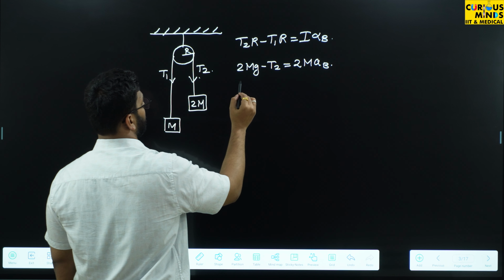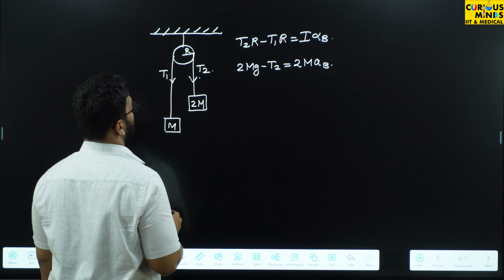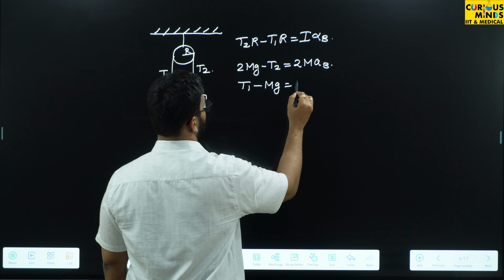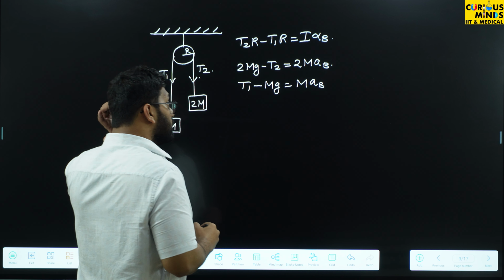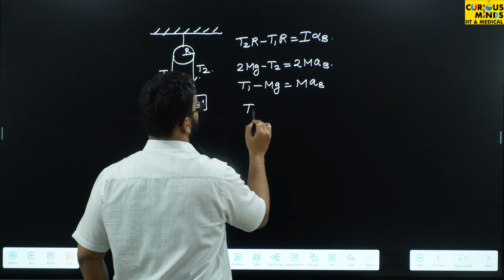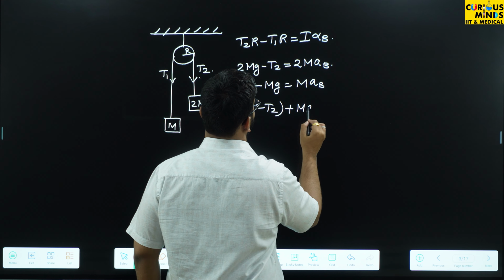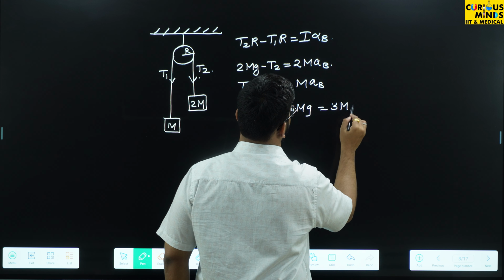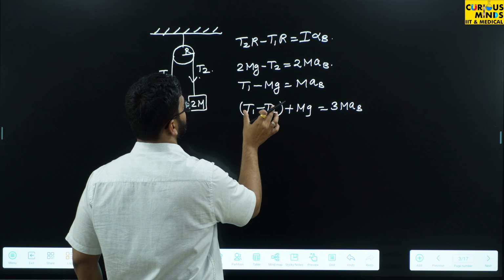and T1 minus mg is equal to m into aB. Now we can add these: T1 minus T2 plus mg is equal to 3m aB. Now what is T1 minus T2?